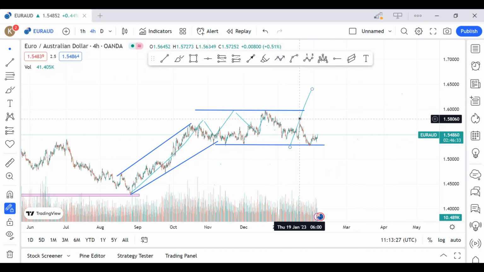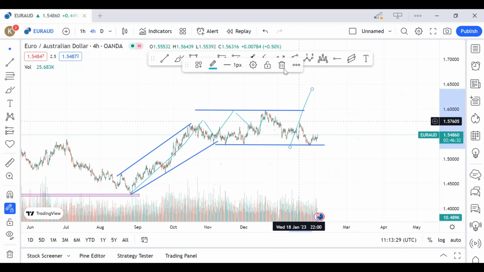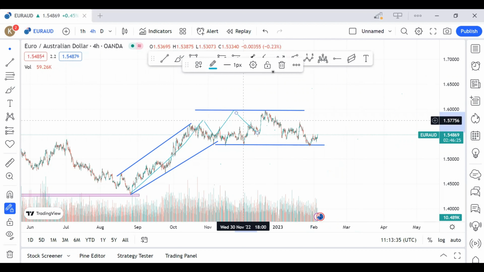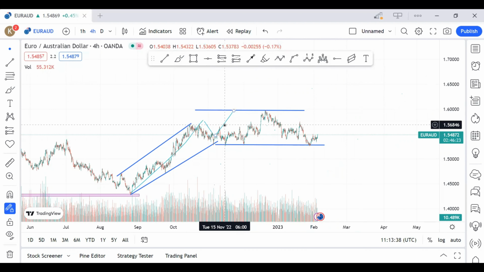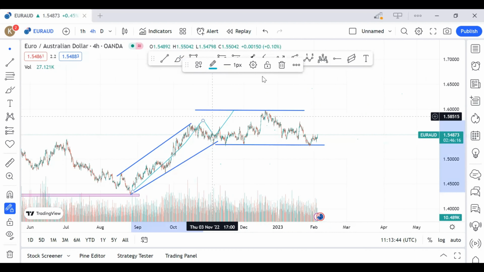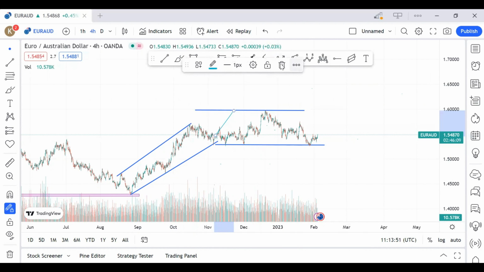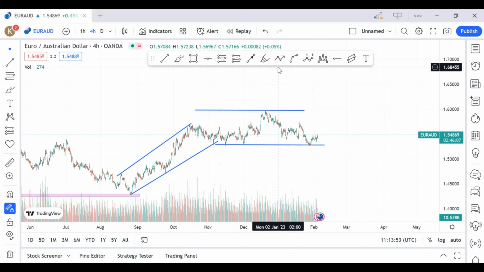So let me remove all these drawings. You cannot be in the forex industry if you don't give forex your attention, your time, your heart and soul, because forex needs a lot of attention.